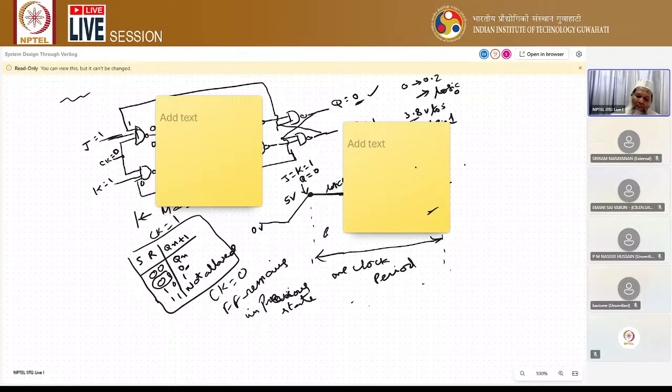During this portion, the master is disabled and the slave is enabled. For the slave, these inputs are 1, 0, so the output remains in the 1 state only.